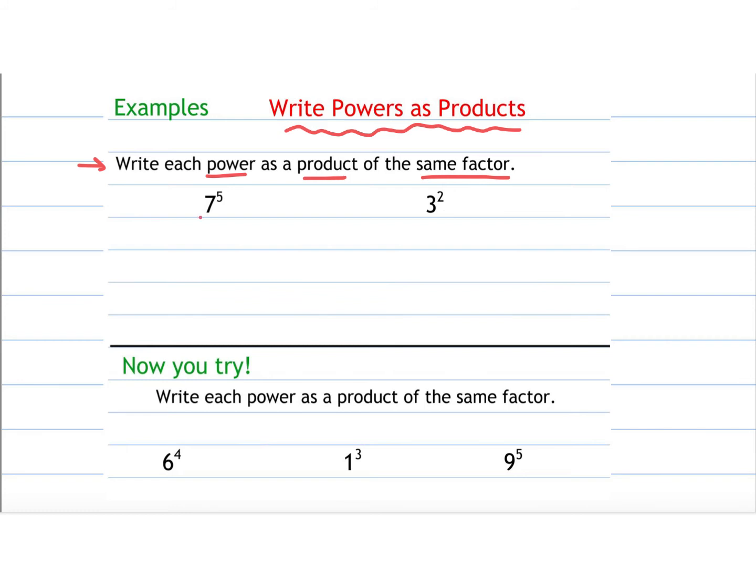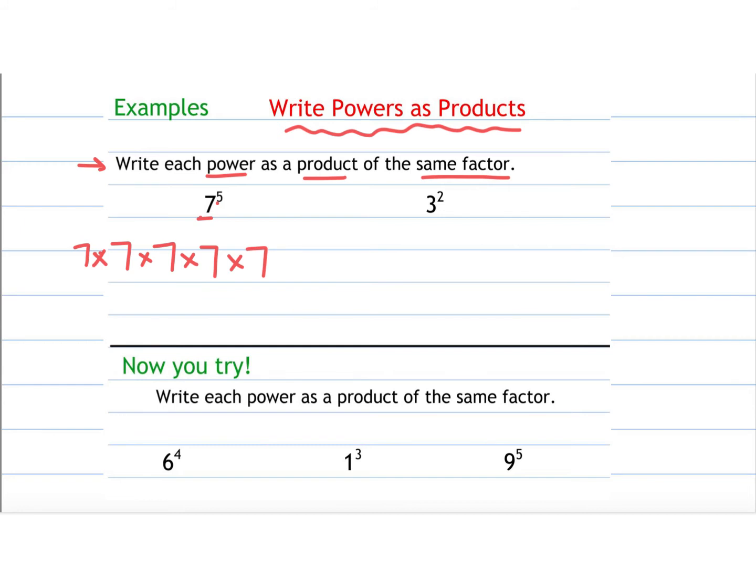If we're taking 7, that's our base, and we're multiplying it by the exponent 5, that's how many times we're multiplying it by itself, we would write it as 7 times 7 times 7 times 7 times 7. And that's our final answer. We are not evaluating. It doesn't say to solve it. We leave it just like that.